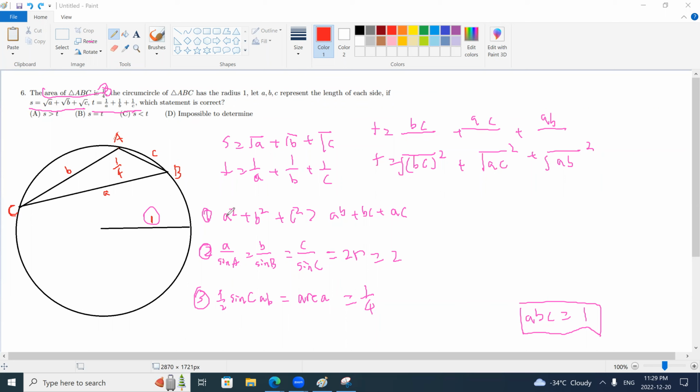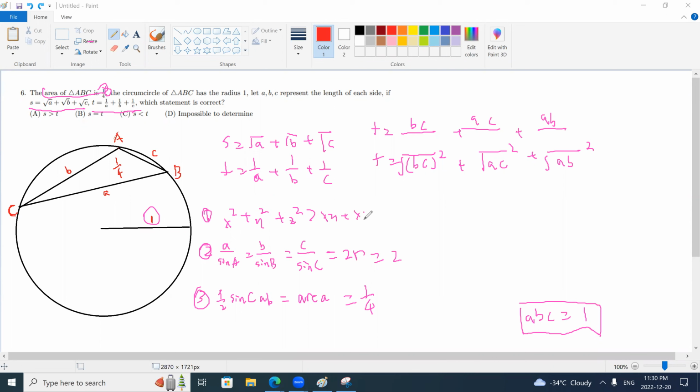So instead of a, it would be bc squared. Remember, we're just plugging into formula number 1. Actually, this is a bit confusing, so I'm going to rewrite formula number 1. Instead of writing a, b, c, I'm going to write x, y, and z.